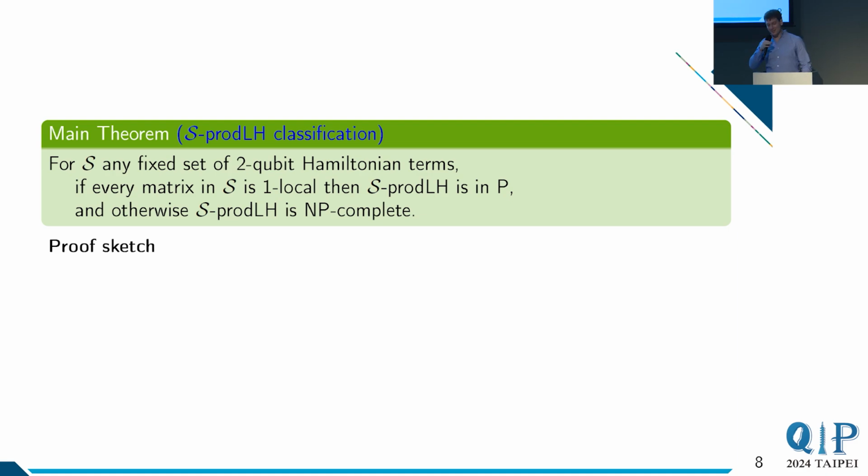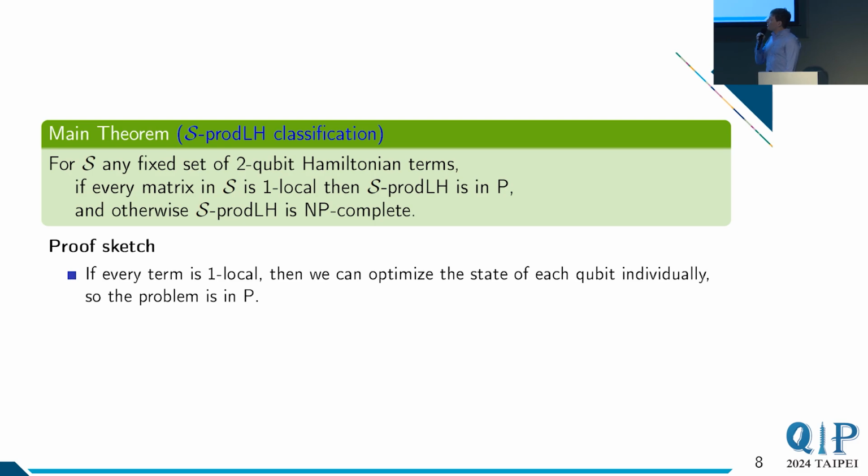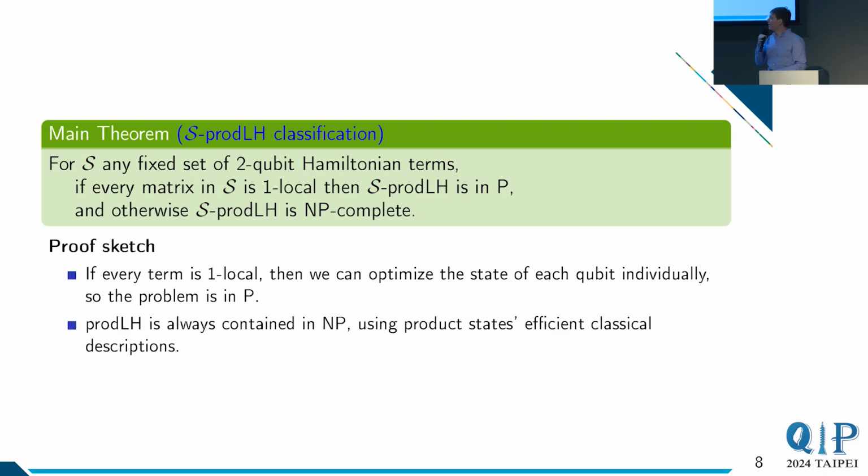Okay, and with that, I can start talking about how we prove this. So the first couple steps are straightforward. For showing that if every term is one local, then the product state problem is easy, that's straightforward because when every term is one local, the qubits aren't really interacting. You can just optimize over each qubit individually.